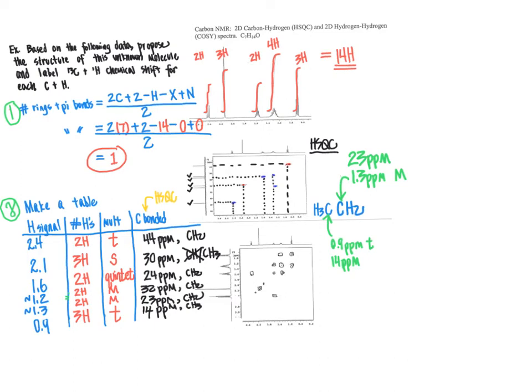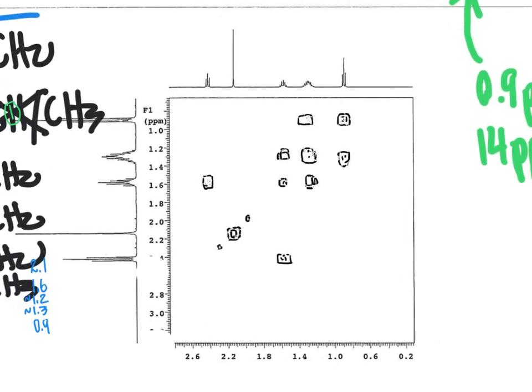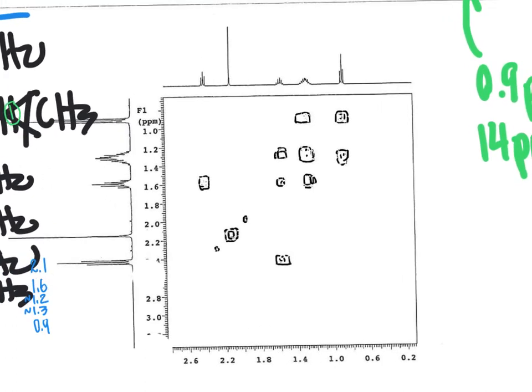And then to continue down the chain, we need to ask ourselves, from this 1.3 ppm signal, what is it spin coupled to? It's going to be spin coupled to whatever is over here next door to it going this way. It should also be spin coupled to the methyl group. And so let's zoom in and take a look at that. So we're looking at the 1.3 ppm signal. The 1.3 ppm signal was the one right here.